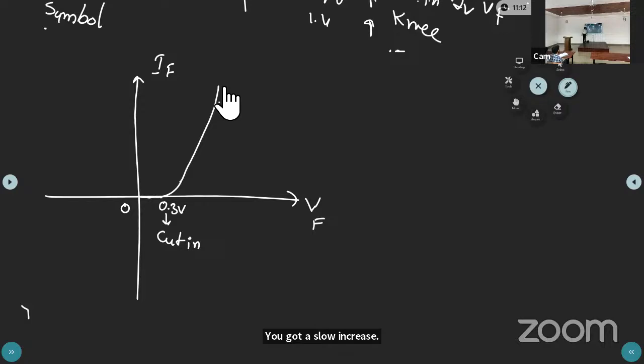Whole current will flow through the diode. Okay, so now this characteristics is for the germanium diode. Now you can take the silicon diode.